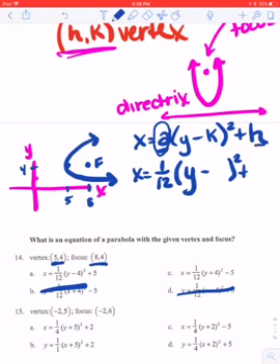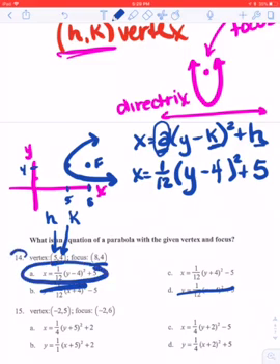And so you'll notice that the vertex point is flipped here. So if I go to look at this one, my h value is the first one of my vertex. That's the 5. It's got to go out here. And that number is my k, which in this one goes right here. So that's going to be 4. So now if I go and look at these, the only one that matches that for 14 is going to be a.